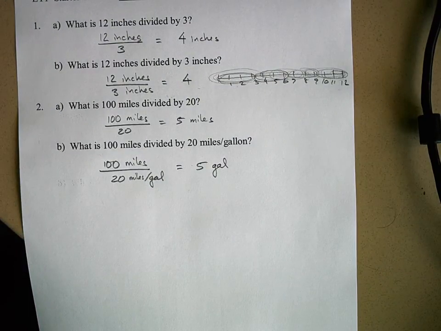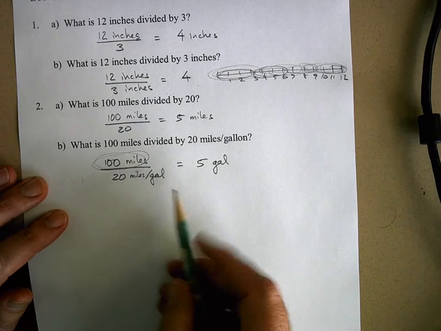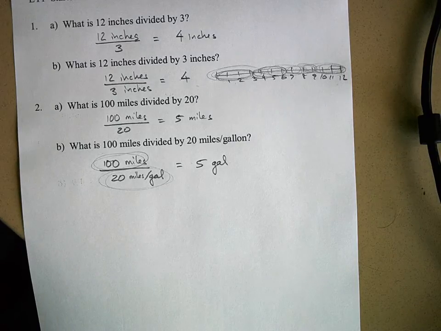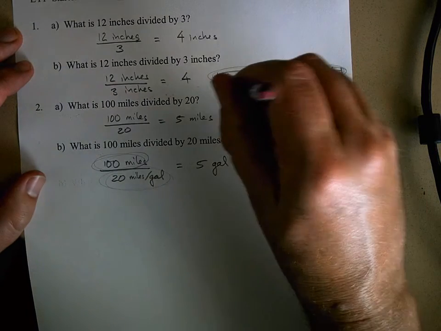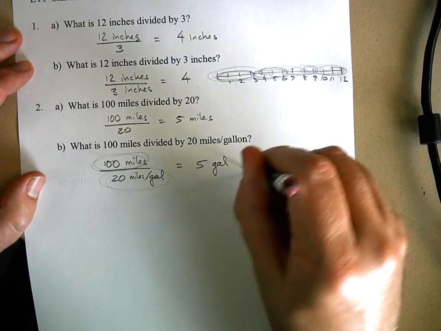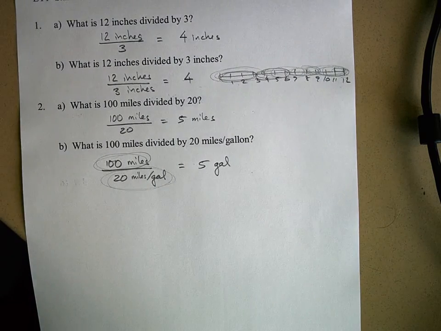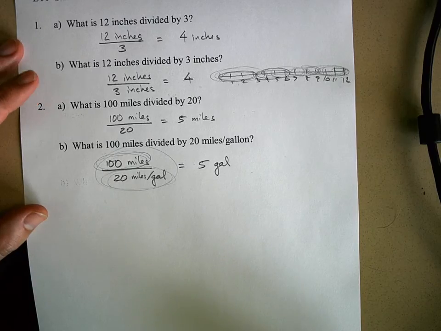This is how far you have to drive, and this is the mileage of your car. So this will be how many gallons of gas you're going to burn as you drive to wherever you're going in that 100 miles. This is different than this. It means something different. You get the same answer, the numbers are the same, but the units tell you a different story. Now let me show you this in a little bit more detail.